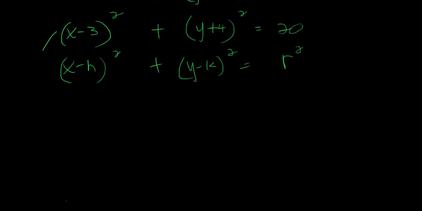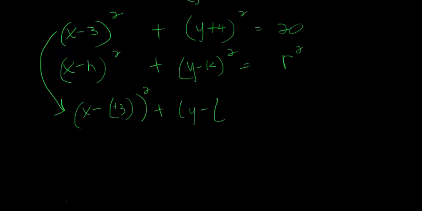I want to rewrite it just a bit so I can clearly find what my h, k, and r would be. That would be x minus a positive 3, squared, plus y minus, in order to get y plus 4, if I'm going to write it as y minus, I would write y minus a negative 4, because minus a negative is the same thing as plus 4.